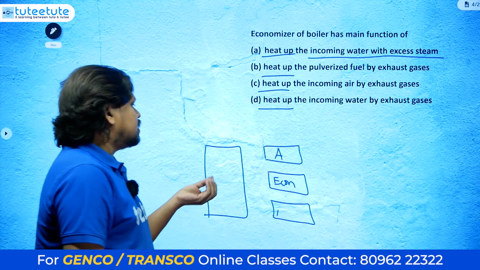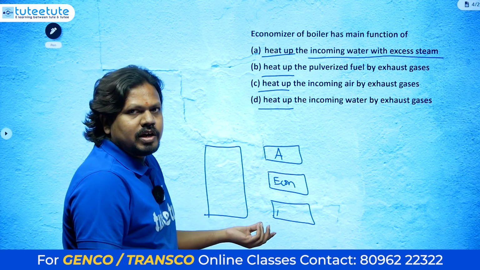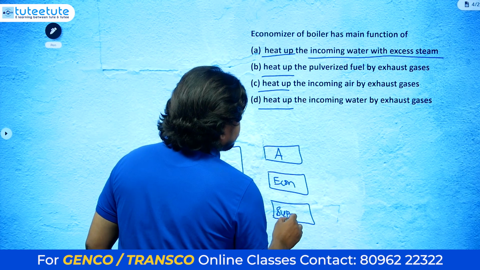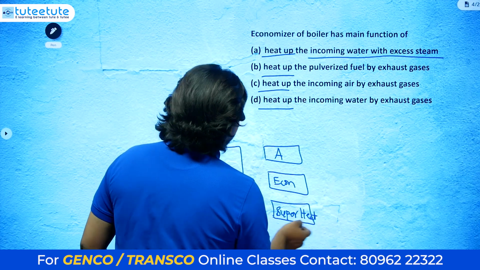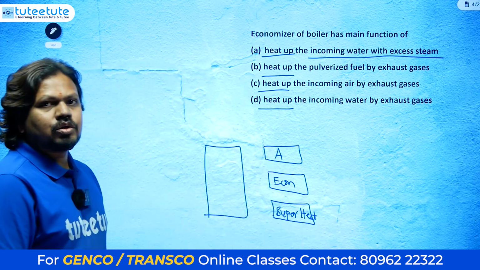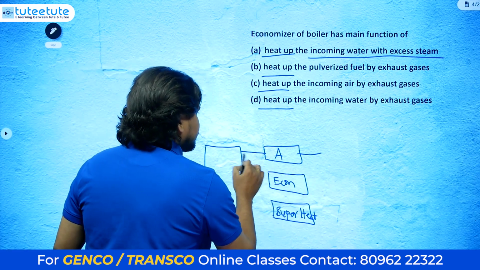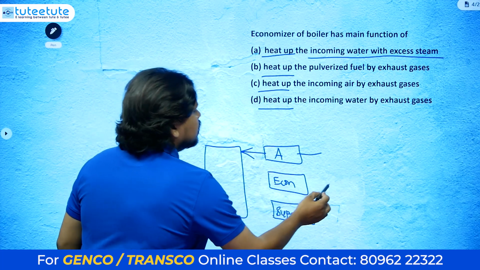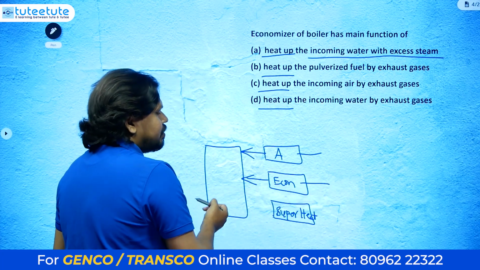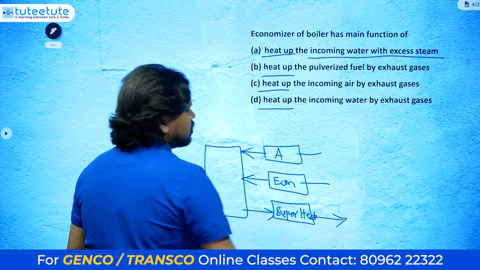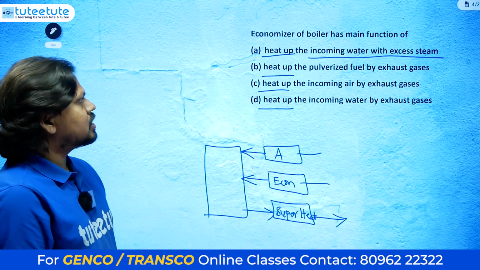Whenever you send the water in, steam will come out, and then we need to send that steam into the superheater. These are the three main components connected to this boiler. From the air preheater, air will come inside. From the economizer, water will come inside. From the superheater, steam will go outside. So these are the three considerations.